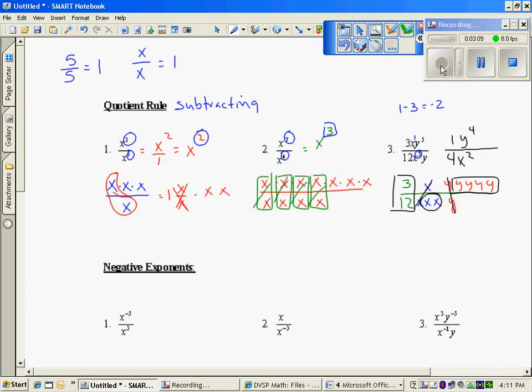But if we don't want to worry about that negative, I say I have 1 x in the numerator, 3 in the denominator. They cancel, leaving me 2 in the denominator. Notice the 2 stayed below. And then when I take 5 minus this power, or exponent of 1, I get 4.